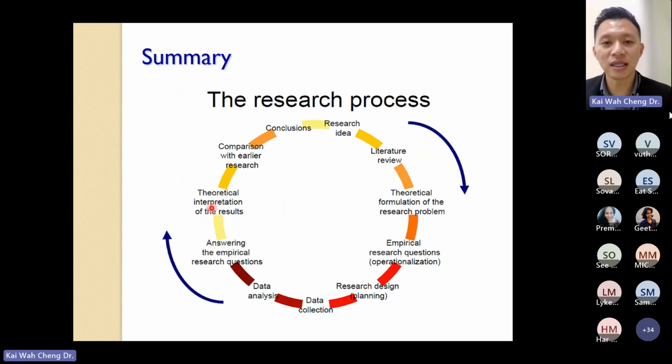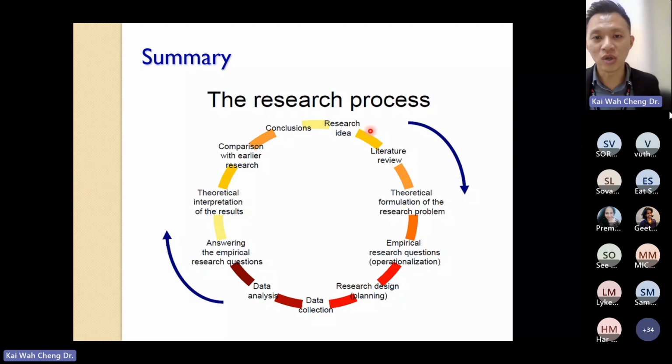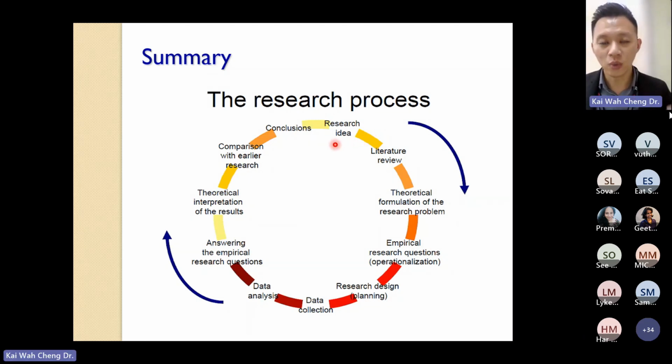So I think this is the summary for the training this afternoon. We will start the research process from here. We need to identify the main problem or main issue that occurs in our life. So this is the first one, research idea.